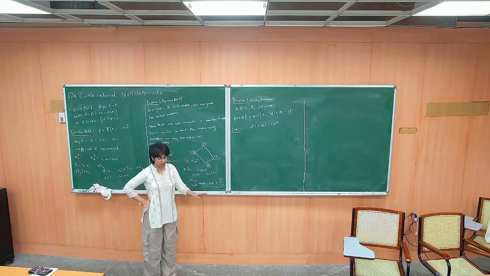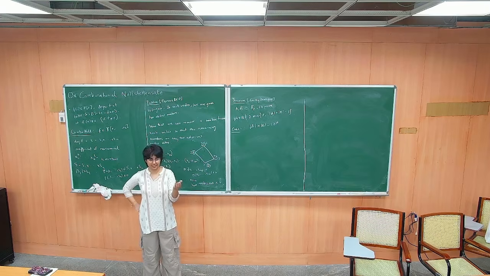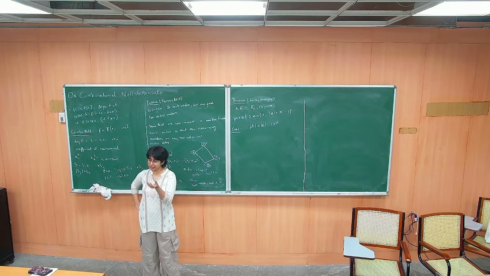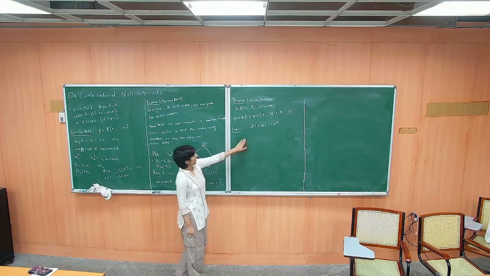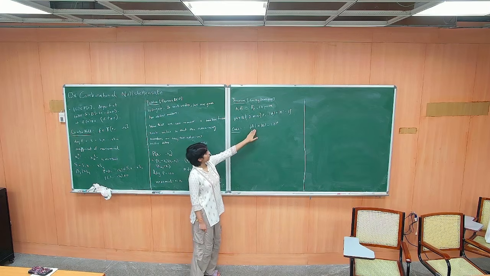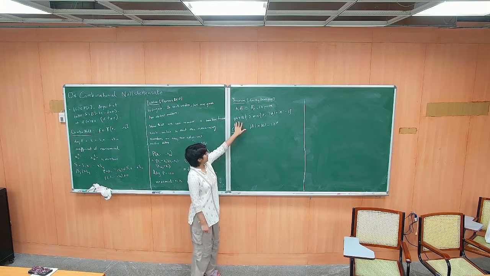So, note that the cardinality of the set A plus B will be at most P because we're dealing with FP. So, I want to show that when mod A plus mod B minus 1 is greater than or equal to P, then this set A plus B is P.